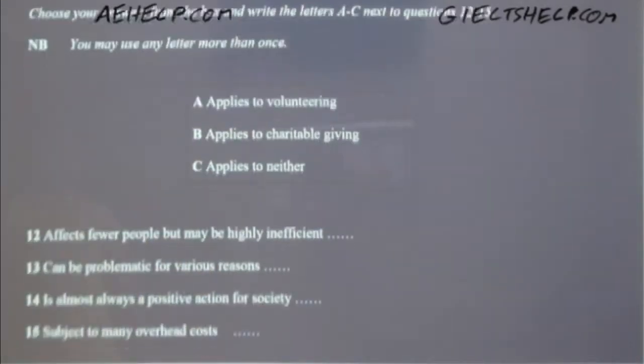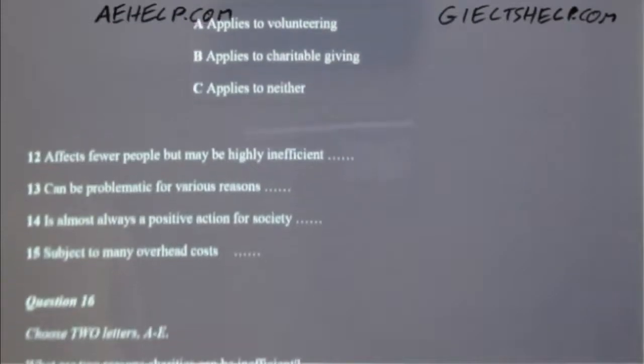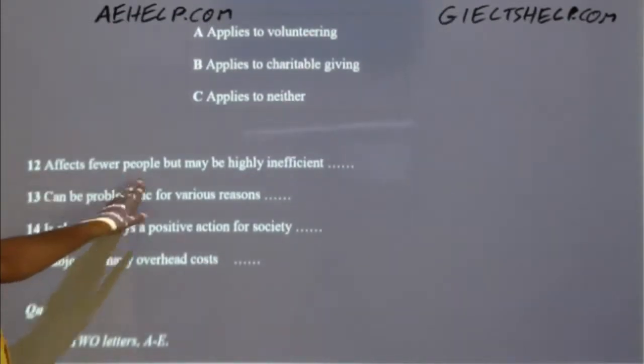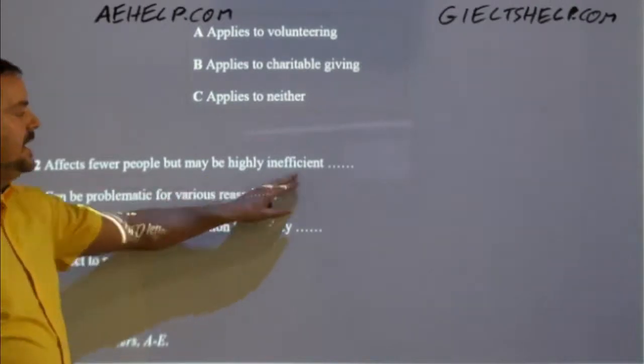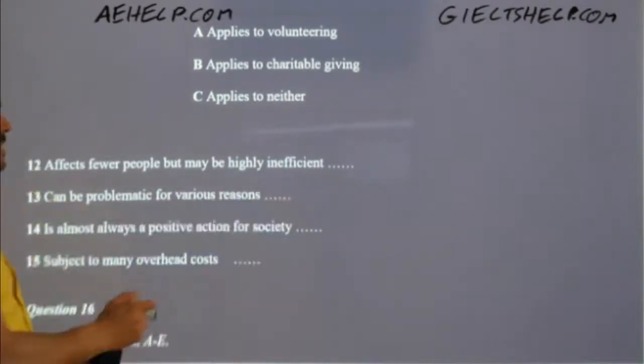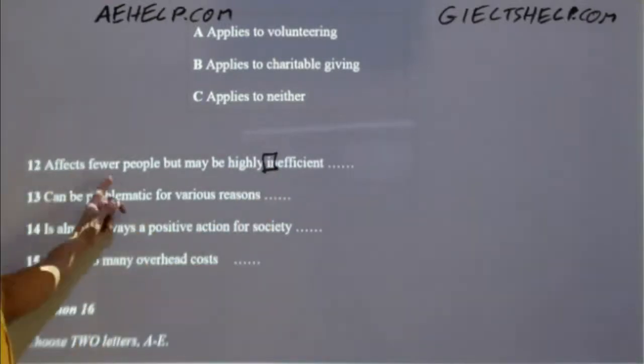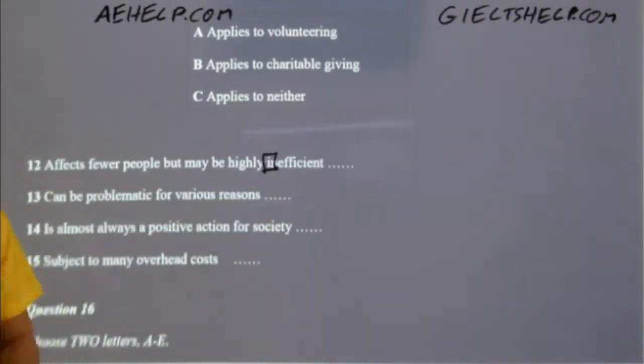Okay? All right. So here we go, students. Affects fewer people, but may be highly inefficient. So inefficient means not efficient. So affects few people, but is inefficient. Is it A, B, or C?